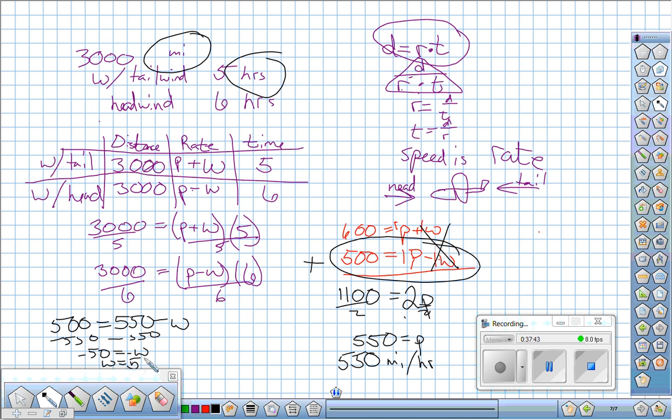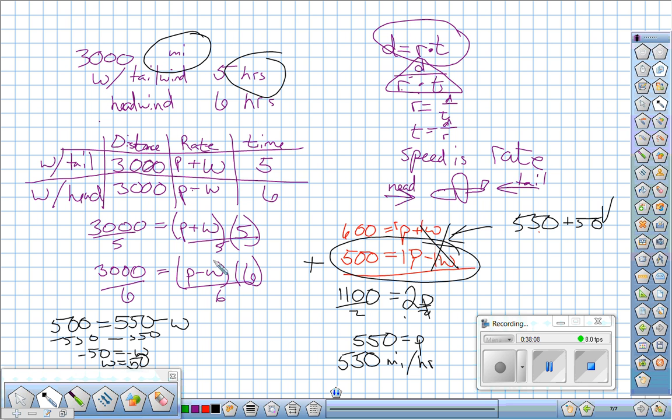Would that make sense in the context of both of the problems? I need to be able to use it either way. I'm just going to do this quickly on the top one and plug it back in. I'll talk myself through it: 600 equals 550 plus 50. Is that equal to 600? Yes, it is. So it works out on both of these.